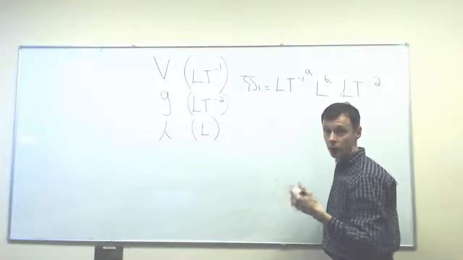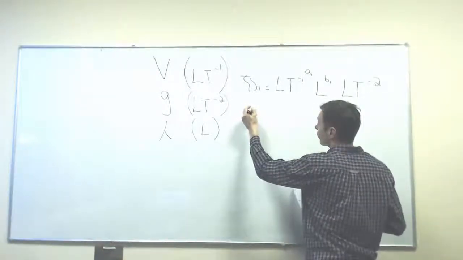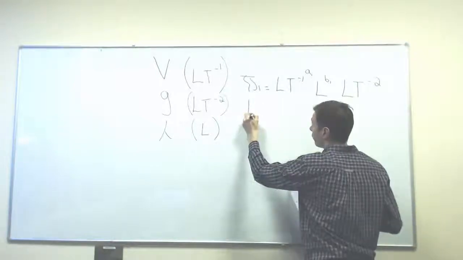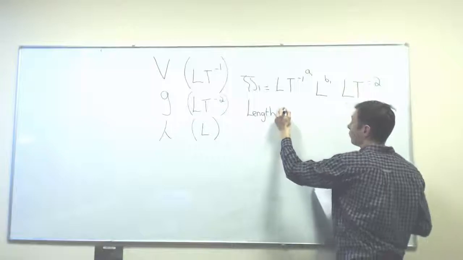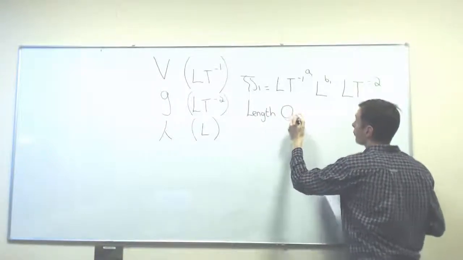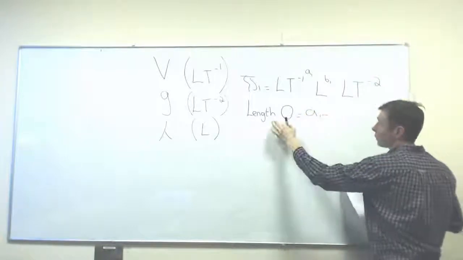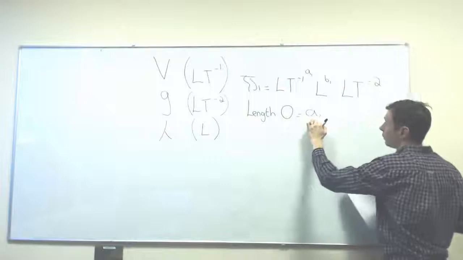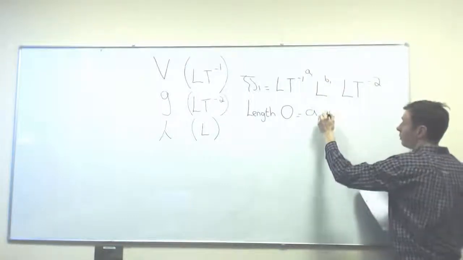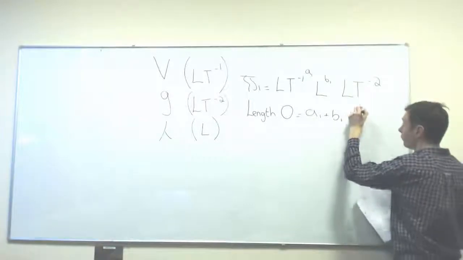Okay, and now we equate the powers. So for length, 0 equals A1 plus B1 plus 1.